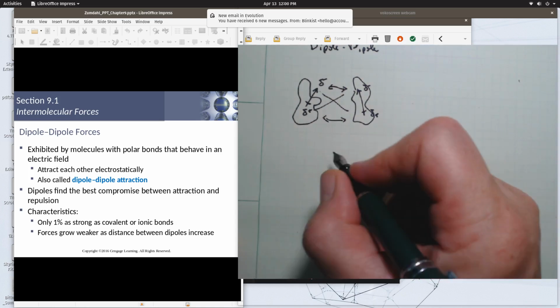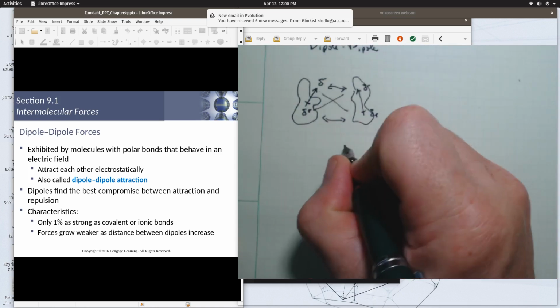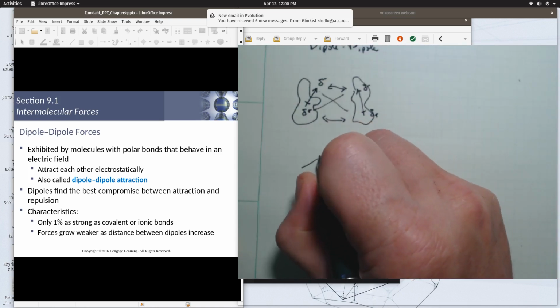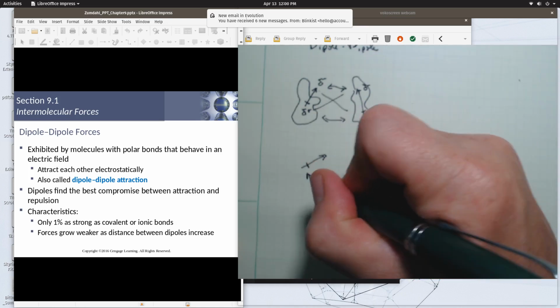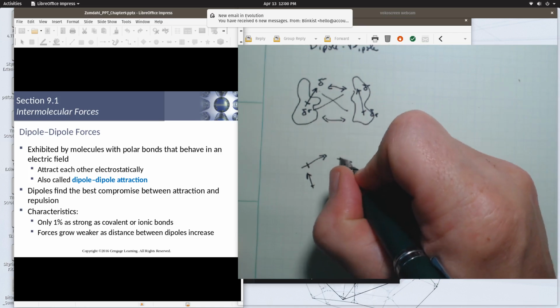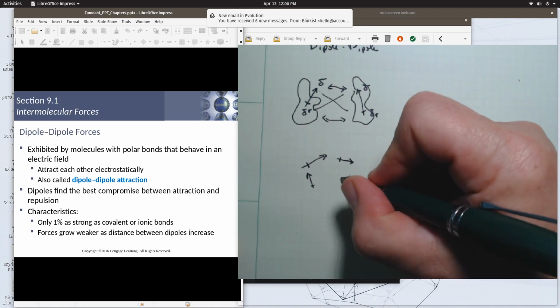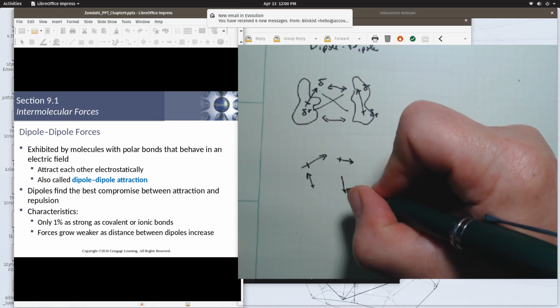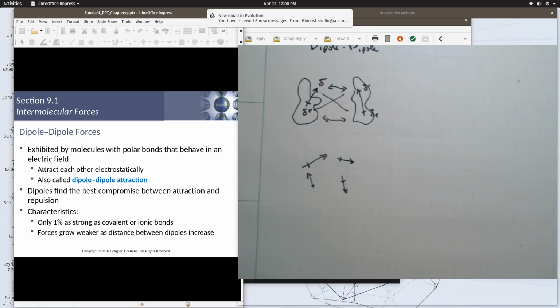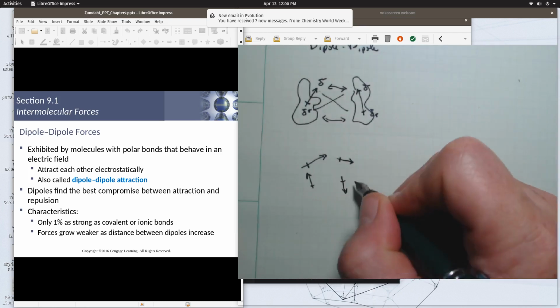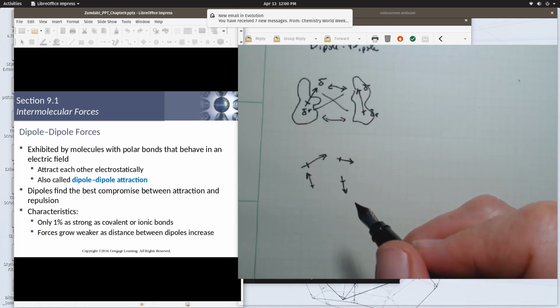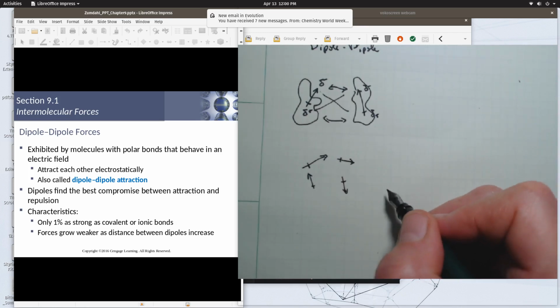And so consequently, you tend to get head to tail type alignments of these molecules in a liquid. This is just simply drawing something out randomly. Of course, these things exist in 3 dimensions, but you get this sort of minimization of the electrostatic energy.